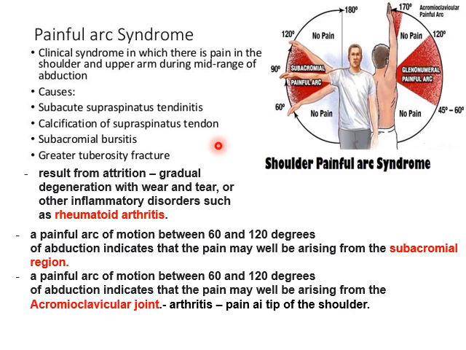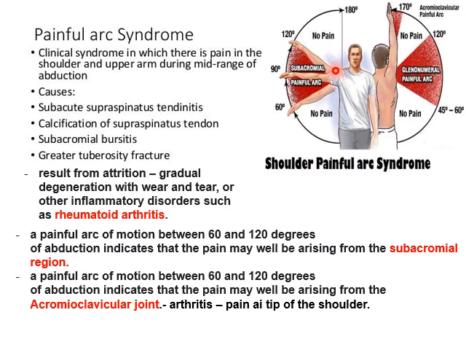And if the pain of motion is seen at the end of 180 degrees, that is 170 to 180 degrees abduction, that indicates the pain is from the acromioclavicular joint, which may be due to arthritis of the acromioclavicular joint, where the pain is felt at the tip of the shoulder, because that is where we can feel the acromioclavicular joint as well.